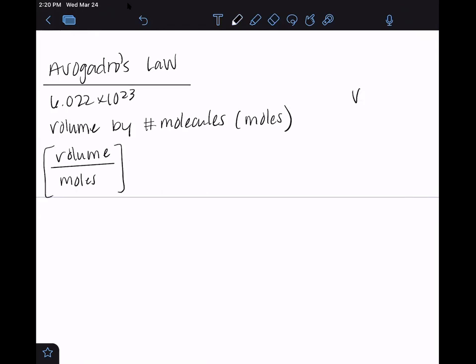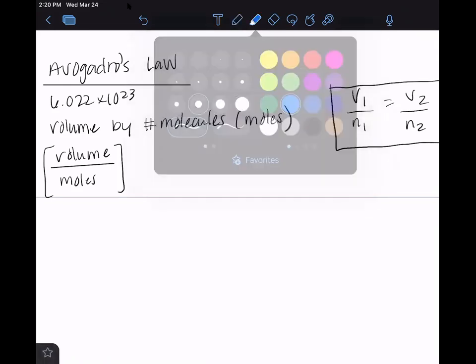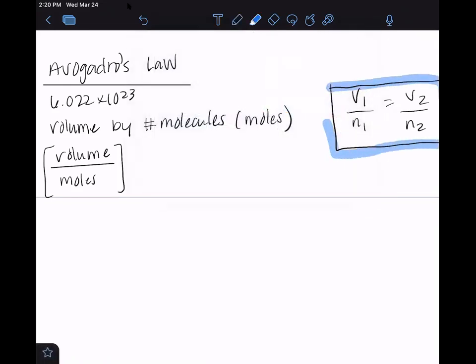V1 over N1 equals V2 over N2. And N is just the number of moles, molecules, whatever the question may be asking.